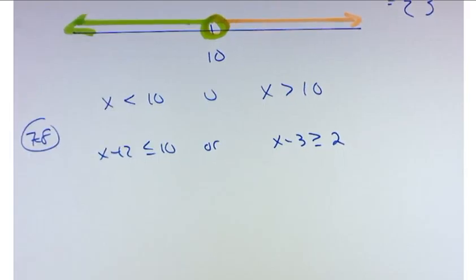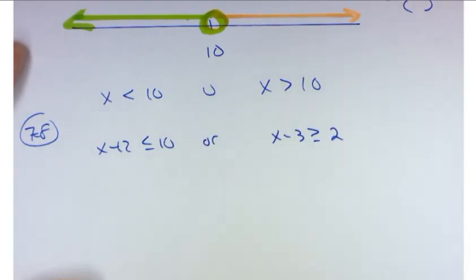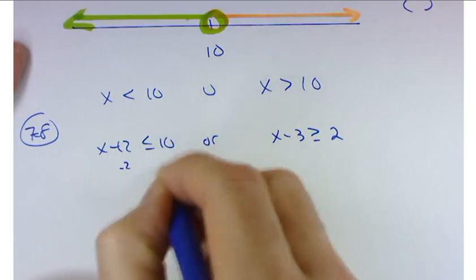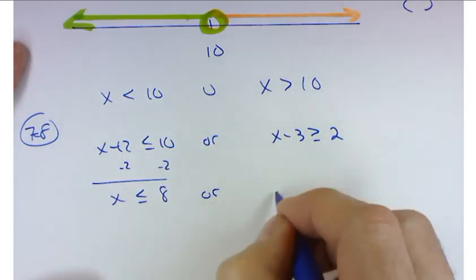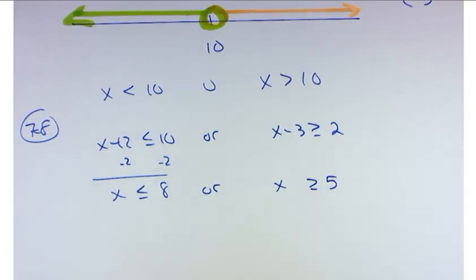So solving these is not going to be a tremendous challenge. For the first one, I'll subtract 2 from both sides and get x is less than or equal to 8. For the second one, I'll add 3 to both sides and get x is greater than or equal to 5.